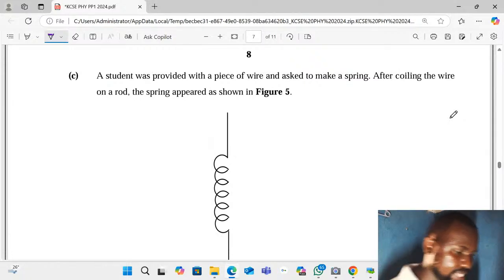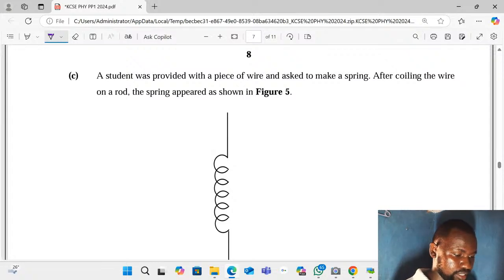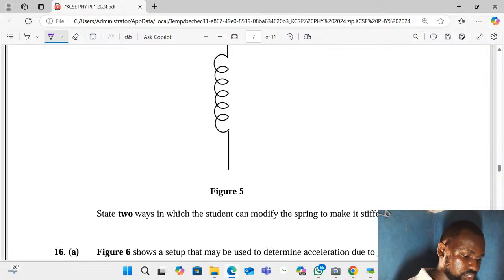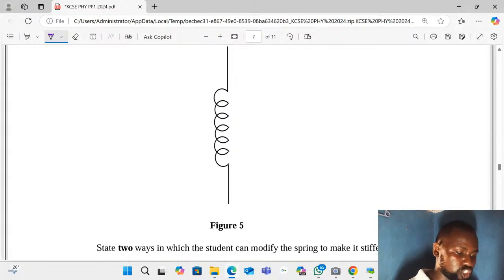After coiling the wire on the rod, the spring appeared as shown. Then you are asked, you can see the appearance, say two ways in which the student can modify the spring to make it stiffer. In short, to make it strong.